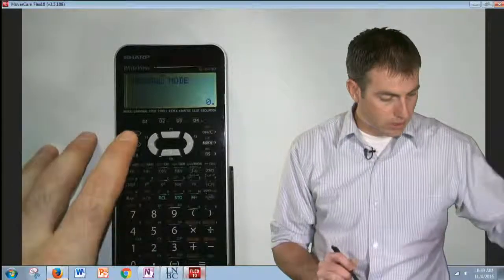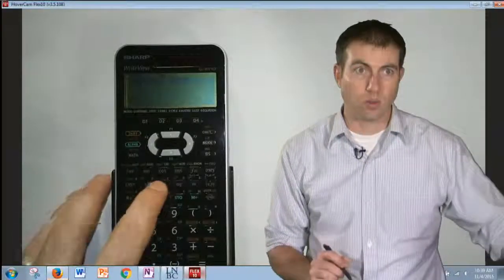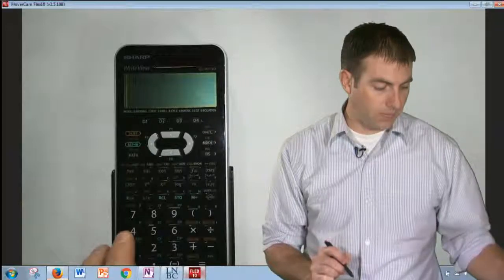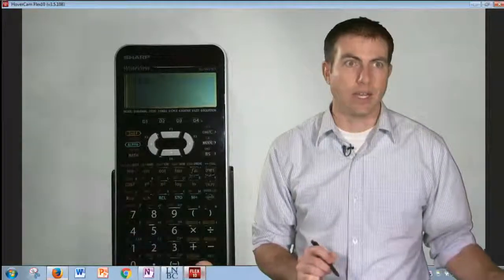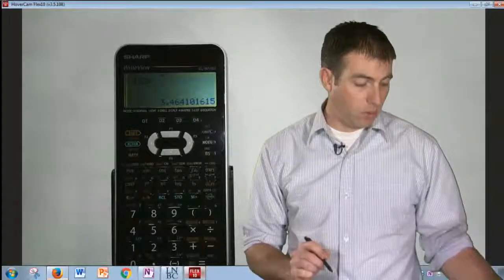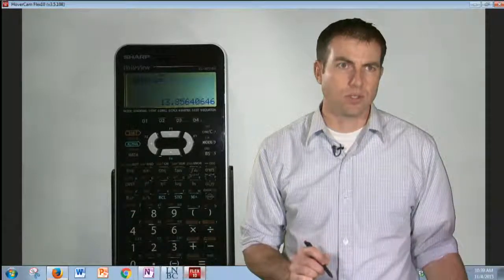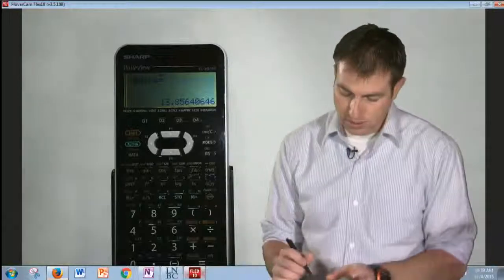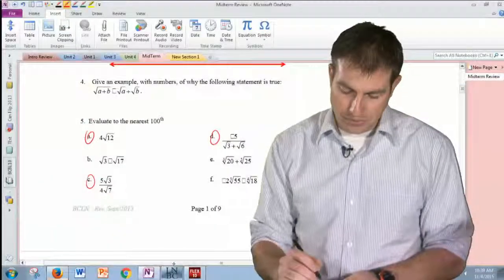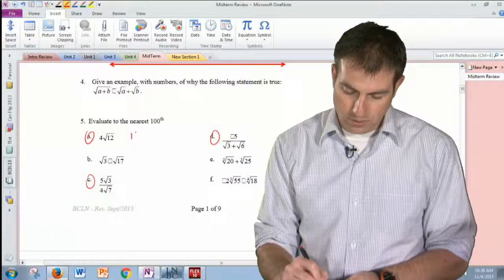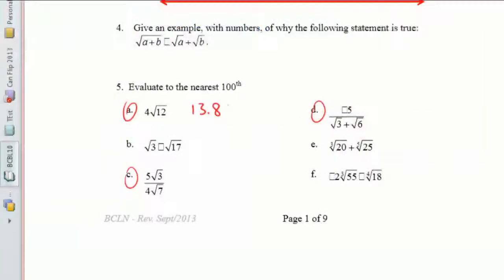With my calculator, to get the square root, I go second, x squared, then 12, and I hit equals. Then to multiply by 4, I just go times 4, and I get my answer, 13.856. It asks for the nearest hundredth, so we have 13.86 as the nearest hundredth.